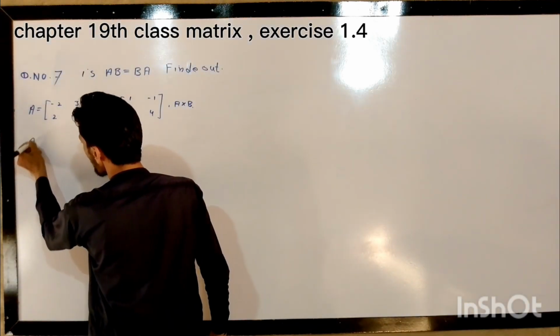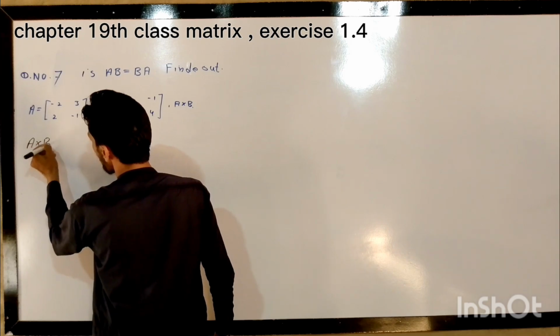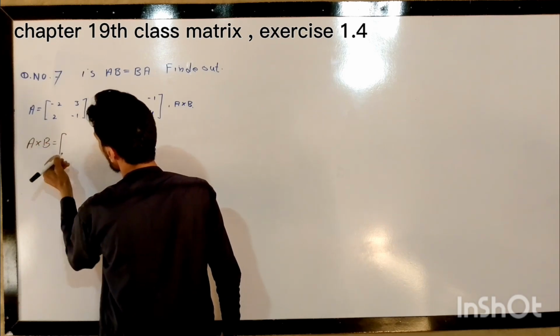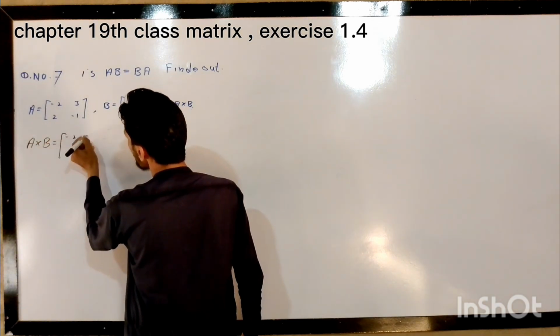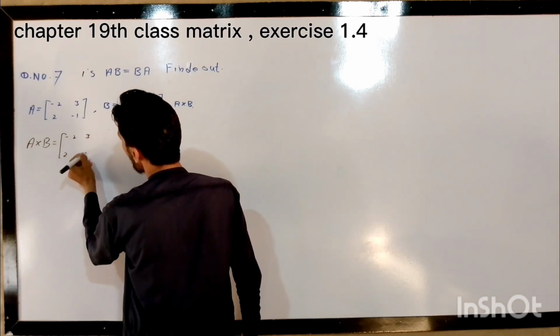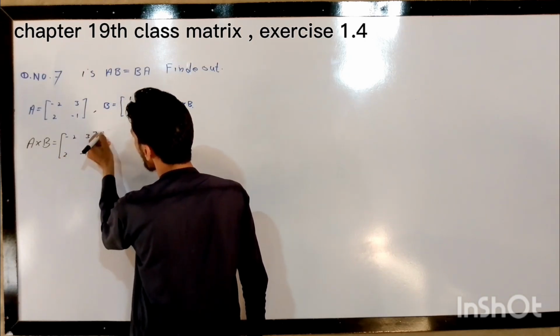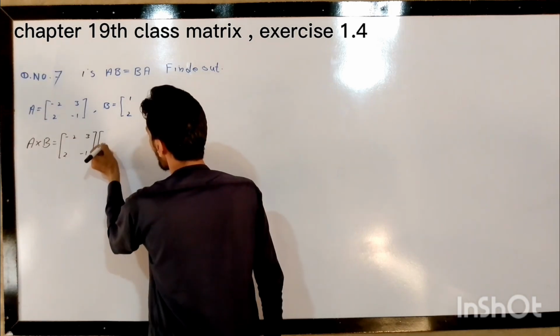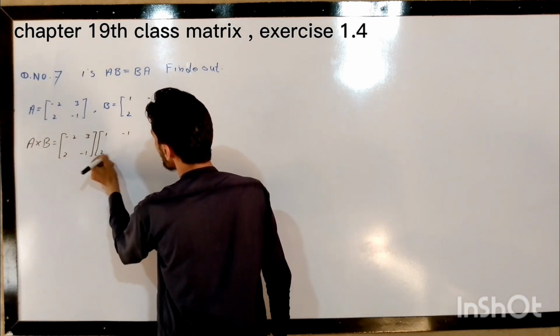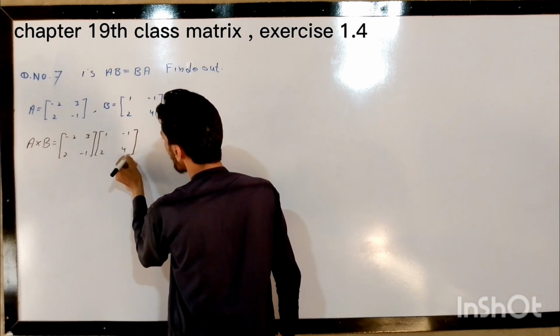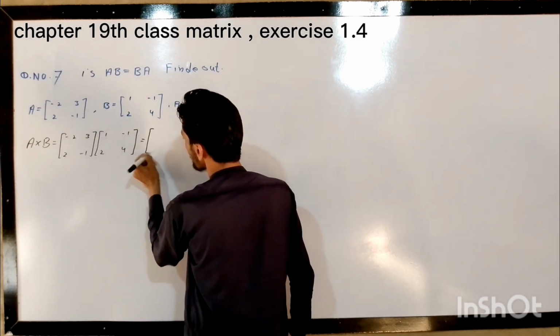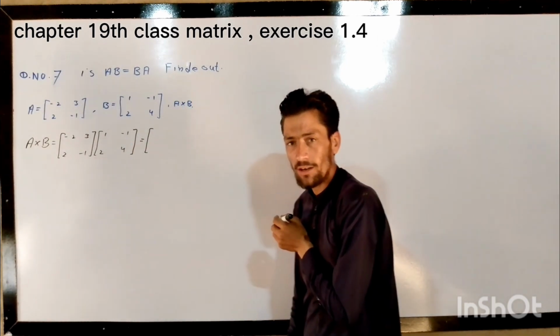The first one is A cross B will be equal to minus 2, 3, 2, minus 1 multiplied with 1, minus 1, 2 and 4. Let us give multiplication right now.